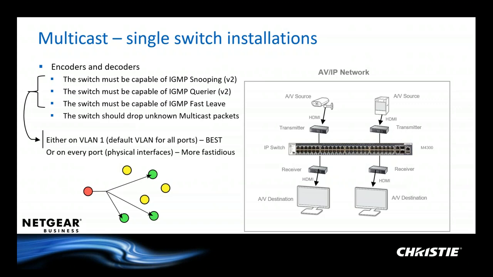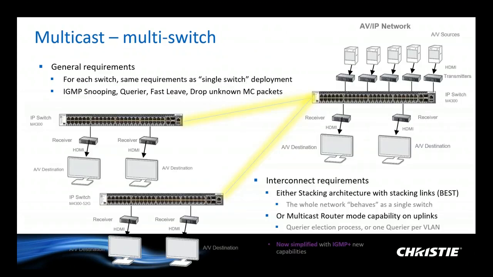Now, in a multi-switch environment, the switches have to be configured in exactly the same way, with the same configuration, so with snooping and querier and so on. The best way to link switches together is stacking. You can use VLANs and so on and so forth.